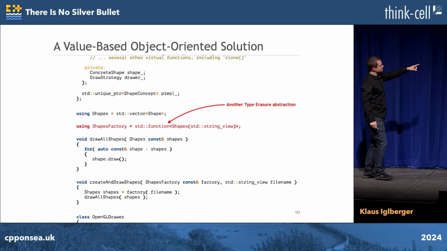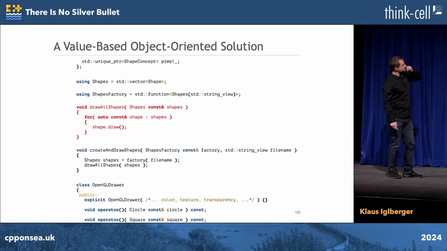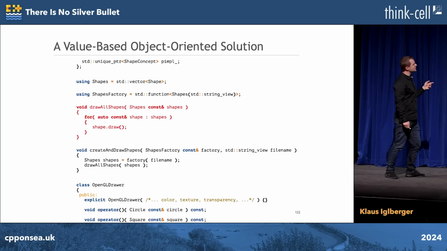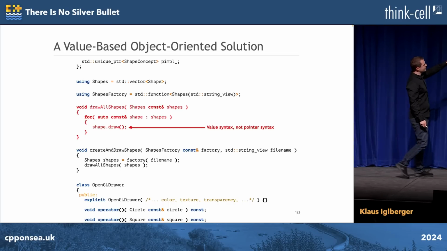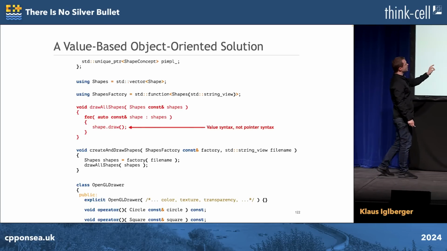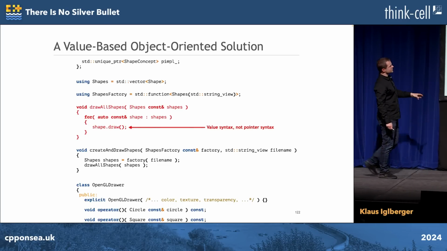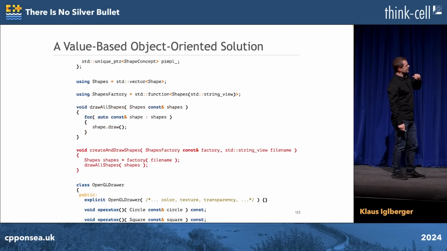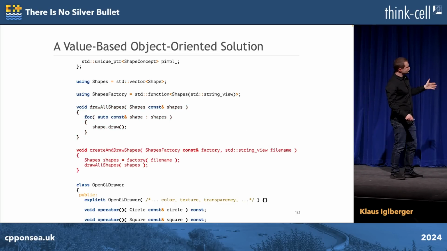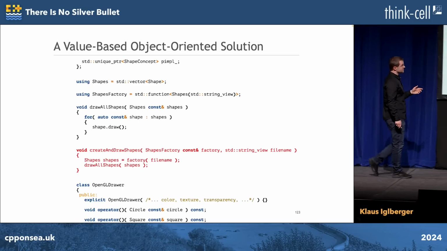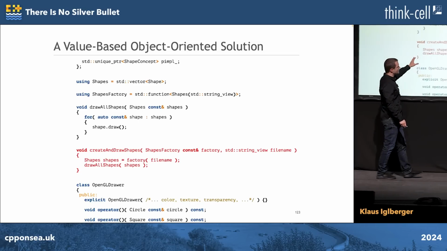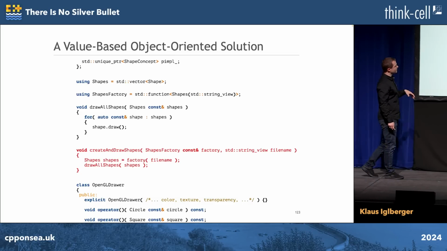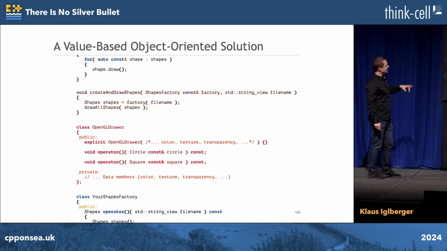And then draw all shapes, which is pretty much the same, except for a nice little detail: you do not call via pointer, but via value, shape dot draw, value syntax, value semantics. Then create and draw shapes, almost the same, but no pointers, no base classes. This is pretty much free of anything that we've seen before.